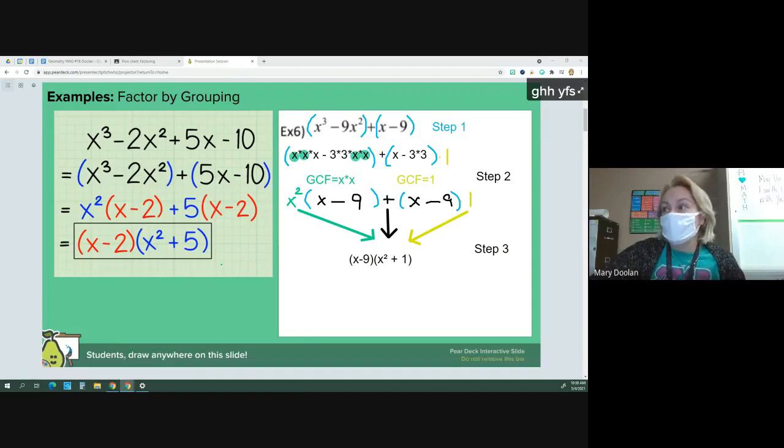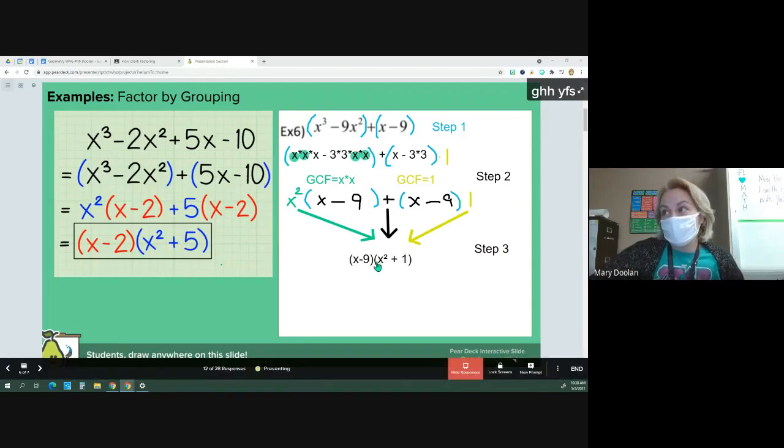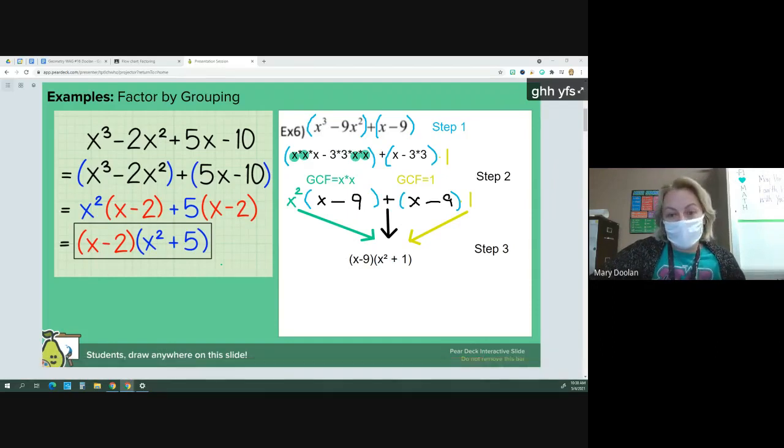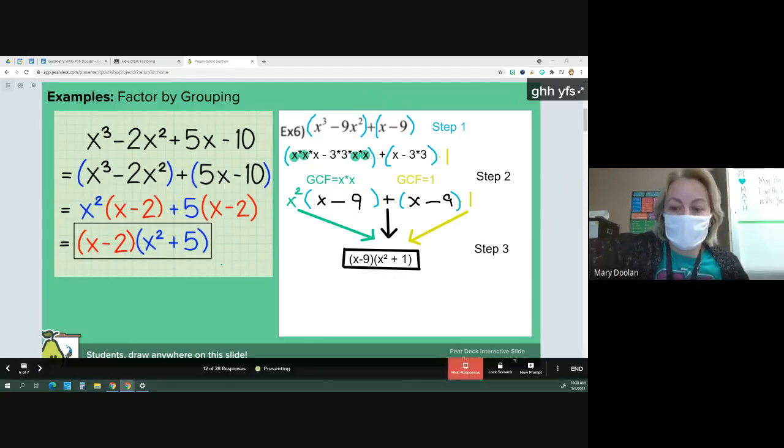And so this is our answer. Now, if you wanted to check your work, you can multiply this out using something called the FOIL method. I'm not really sure if you guys learned that in algebra or if we were already out. So I'm going to show you how to do that real quick with this problem.